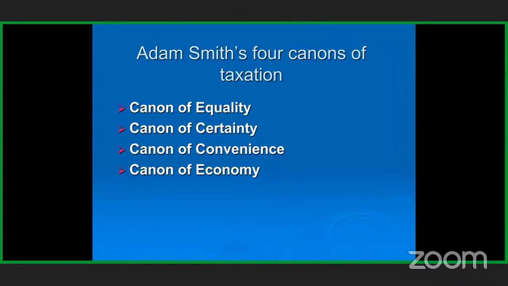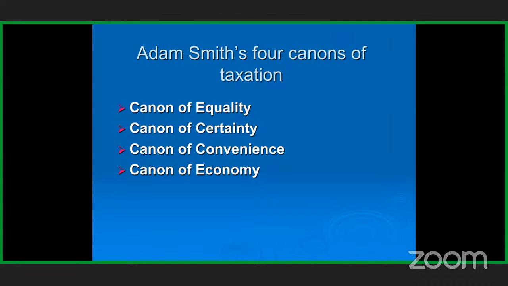So according to Adam Smith, the government collects taxes from the people. The amount is spent on various items of expenditure which provide certain public services to the people. As per the canon of equality or equity, the burden of taxation should be in accordance with the benefits received by the people from the state.